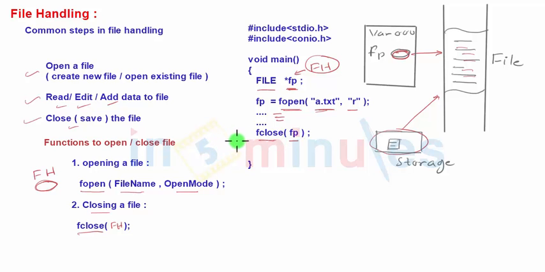Now let's see in a bit more detail how fopen and fclose work. The fopen function opens the given file in the given mode and returns a pointer into fp. So there will be some memory address written into fp, and using that we can handle the file. The actual technical definition of fopen is: the function attempts to open the given file in a given mode, and if it is successful, it returns a pointer into fp.